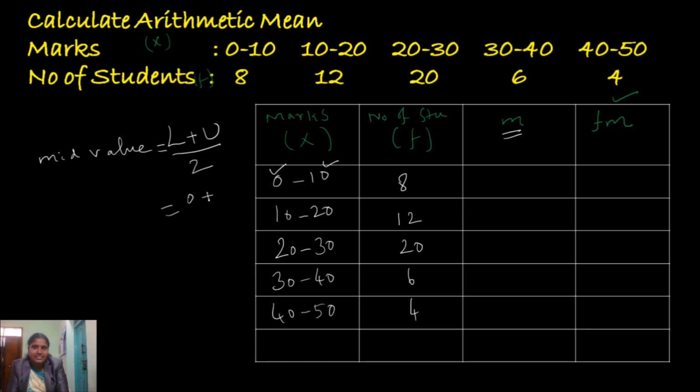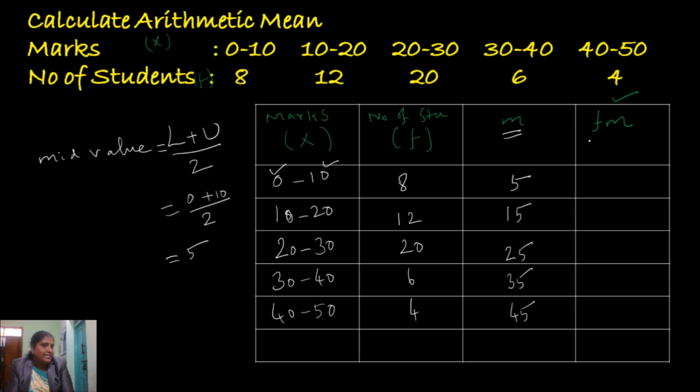Adding 0 with 10 and dividing by 2, we have 10 by 2, which is 5. So 5 is the mid value of the class interval 0 to 10. Like that, for the second class interval 10 to 20, adding 10 with 20 we have 30, and 30 by 2 is 15. And for the next ones, 25, 35 and 45.